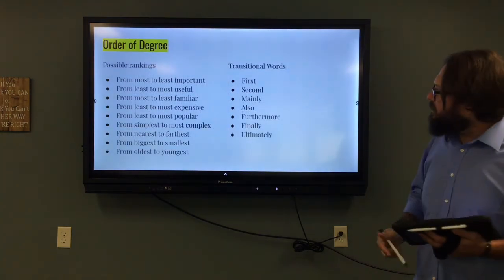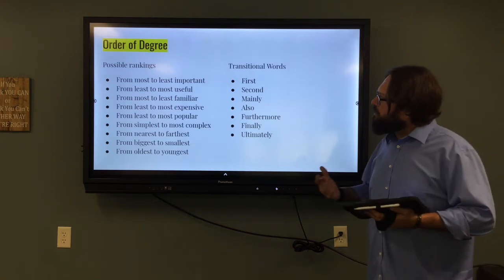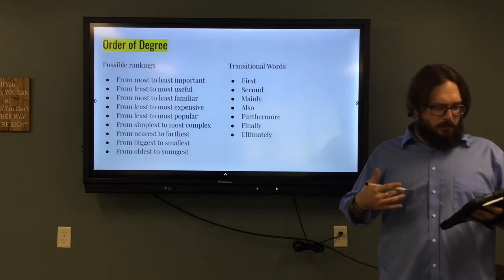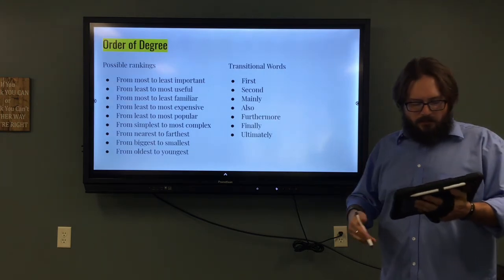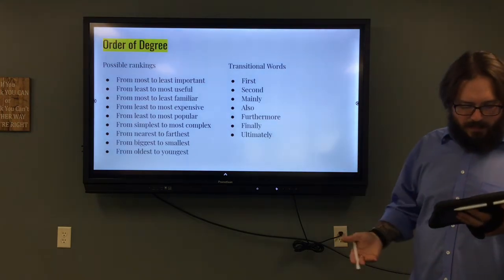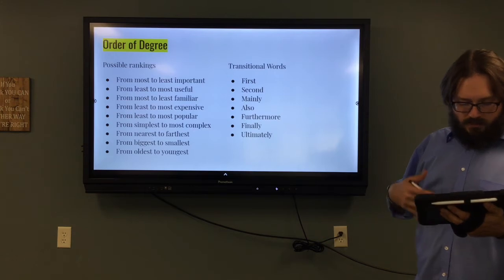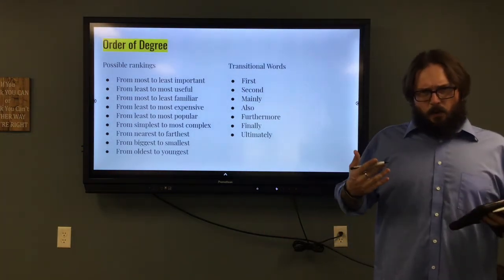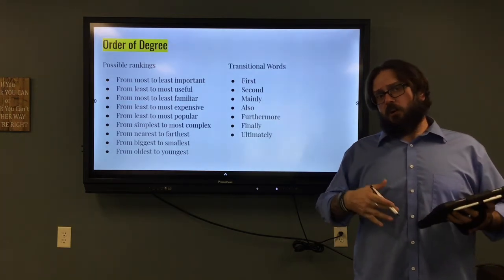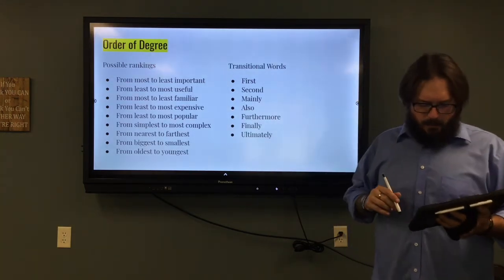Possible rankings could be from most to least important, from least to most useful, from most to least familiar, maybe even from simplest to most complex, or from oldest to youngest, from biggest to smallest. It's going to depend on the topic and the author's purpose for writing the topic.